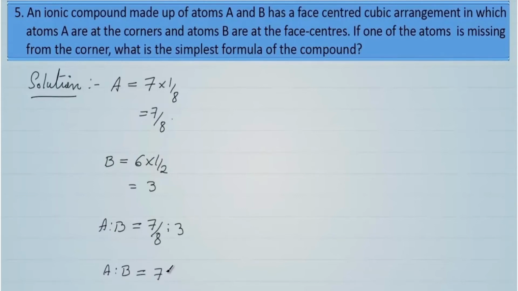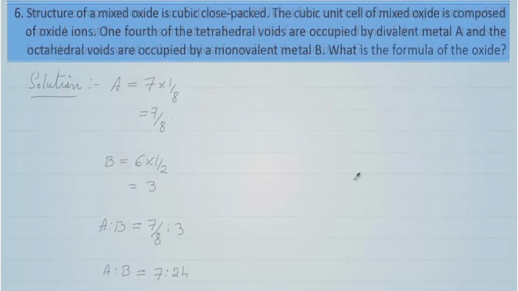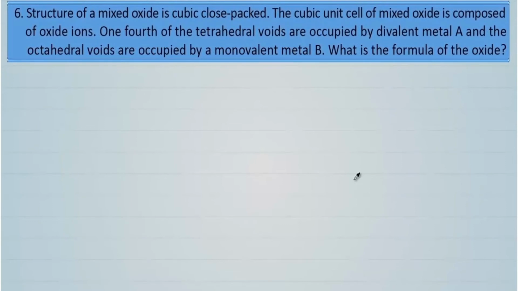The final ratio of A and B atoms is 7:24. The formula of the compound will be A7B24.